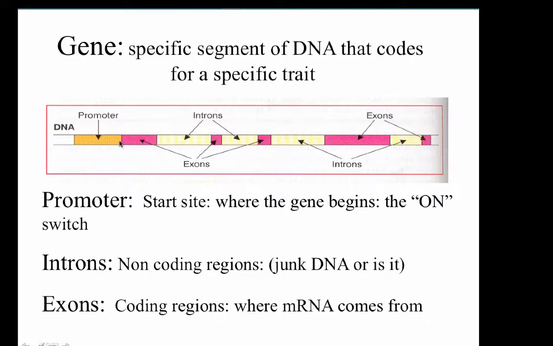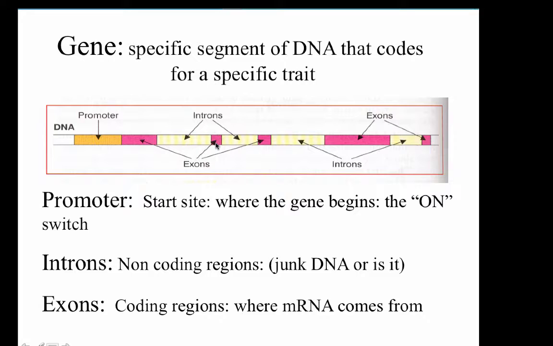So within a gene, you may get certain areas like here in pink that are exons. These are going to be coding regions where mRNA is going to be synthesized. And then you may have a break in information, or an intron region, where the DNA will not be synthesized into messenger RNA.